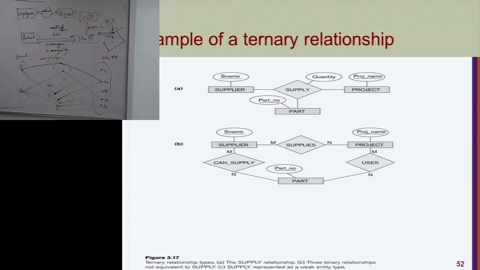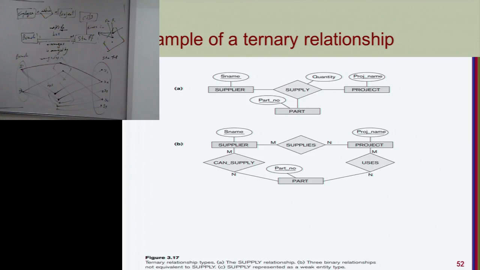For example, the diagram down here says this supplier supplies to this project, but it doesn't tell supplies what. That's what I'm talking about. This diagram here says that this supplier S1 supplies to project P1 or J1.